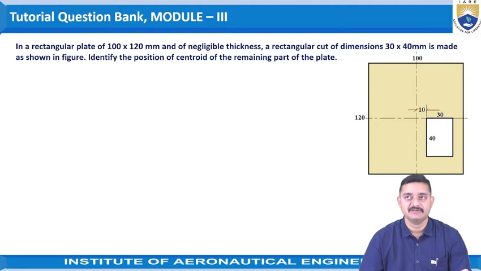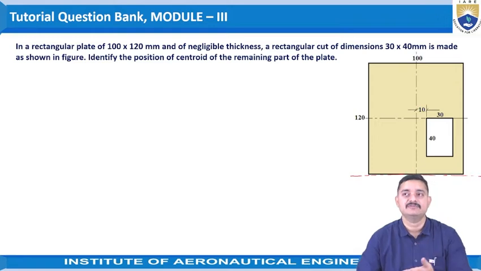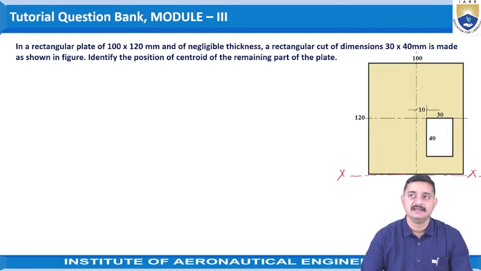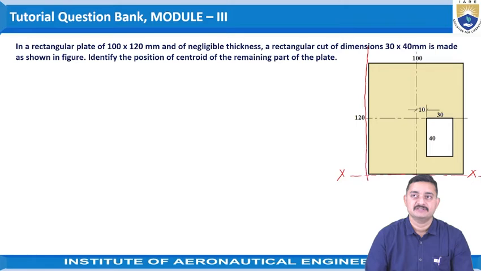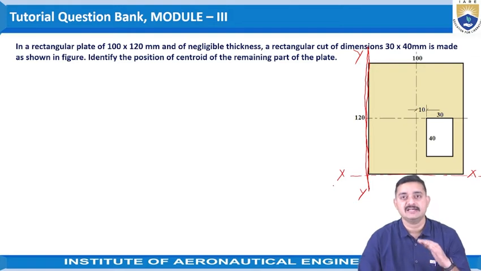It would be convenient to take the base of the rectangle as the x-axis, the horizontal axis, and the left side of the object as the y-axis. That means the y-axis is passing through the left portion of the rectangle. So these are the two reference axes we are considering. Now we can solve the problem.